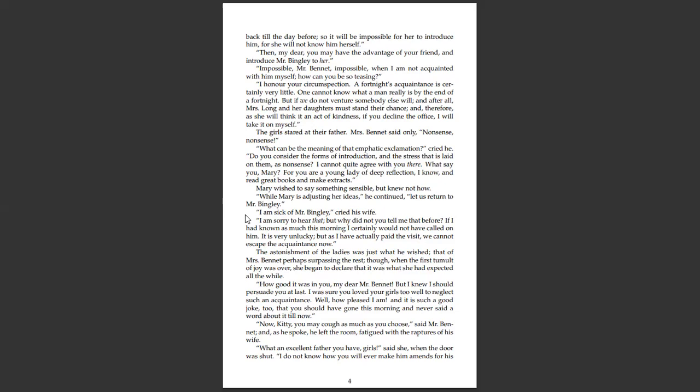It is very unlucky, but as I have actually paid a visit, we cannot escape the acquaintance now." The astonishment of the ladies was just what he wished, that of Mrs. Bennet perhaps surpassing the rest, though, when the first tumult of joy was over, she began to declare that it was what she had expected all the while.